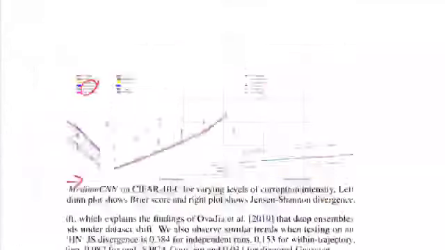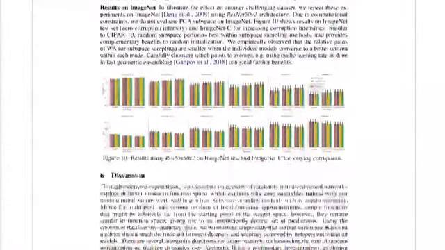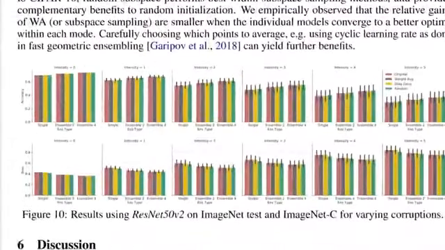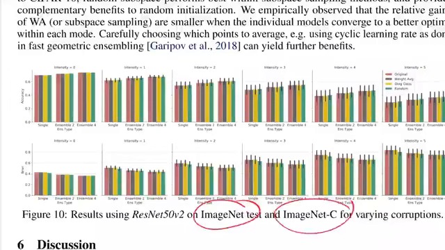Yeah, so this is the JS divergence. Okay, I've read that, but let's not go here. Video's already too long. And this is the last thing, on the ImageNet test set and the ImageNet corrupted set, where they pretty much show the same thing.